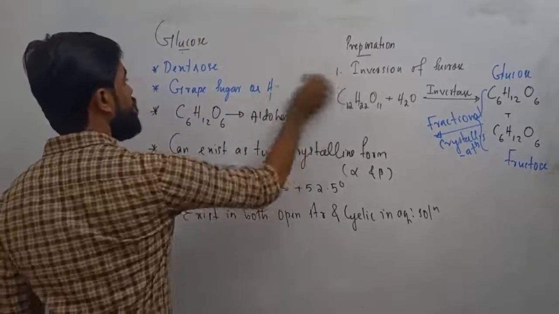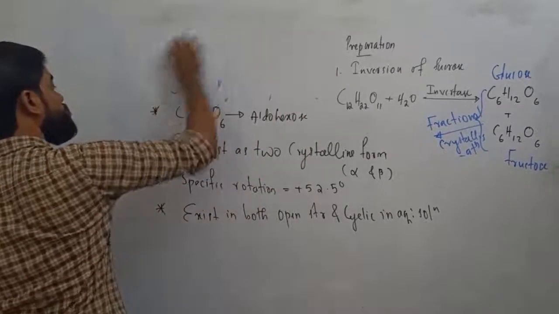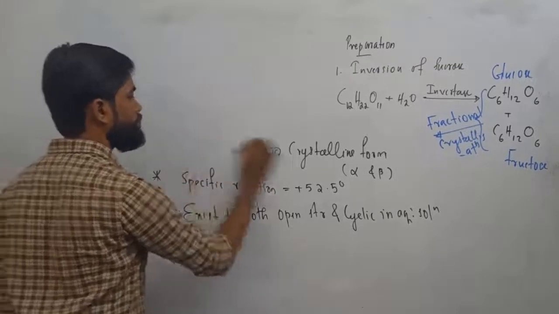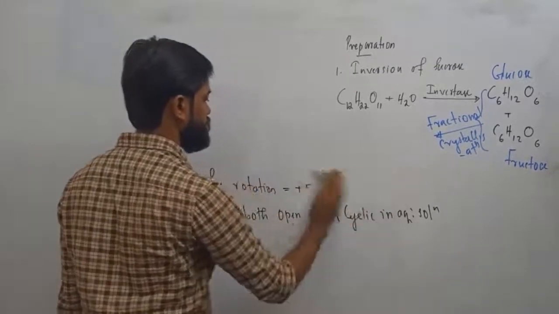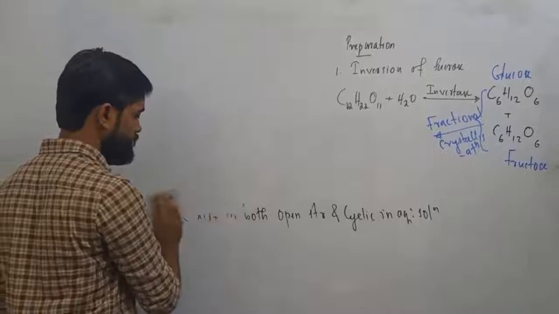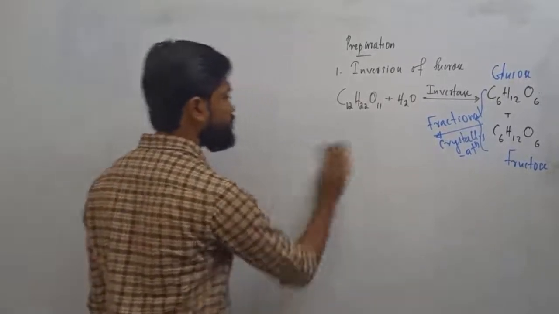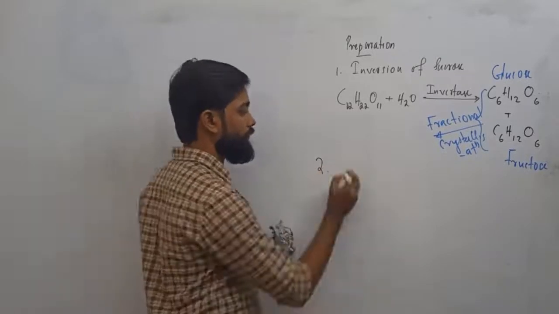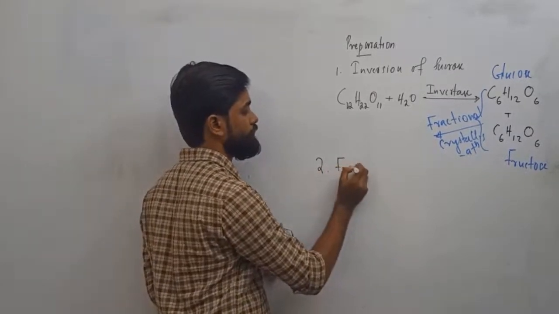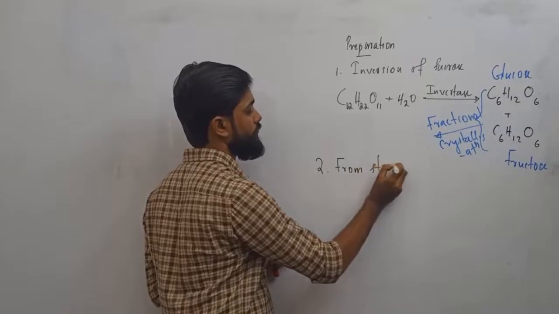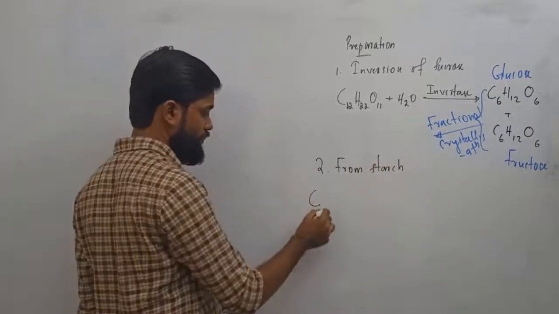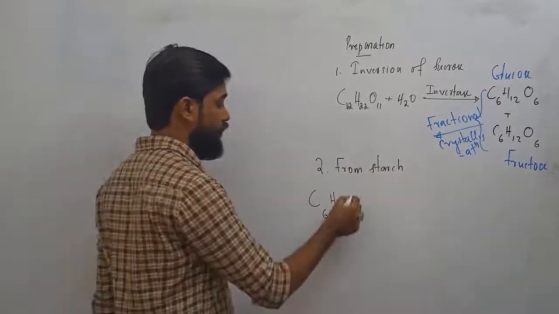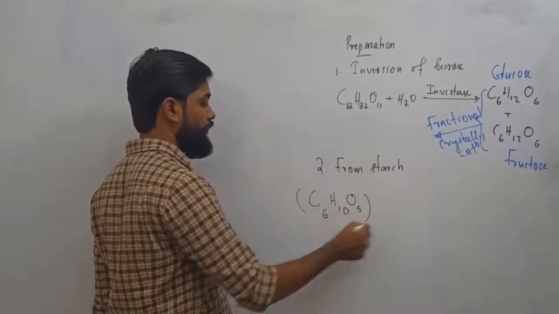Another method of preparation of glucose is an industrial method from starch. You know the formula of starch, which we discussed in the last class: (C6H10O5)n.